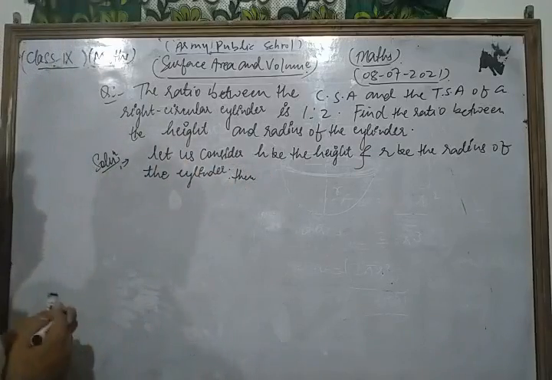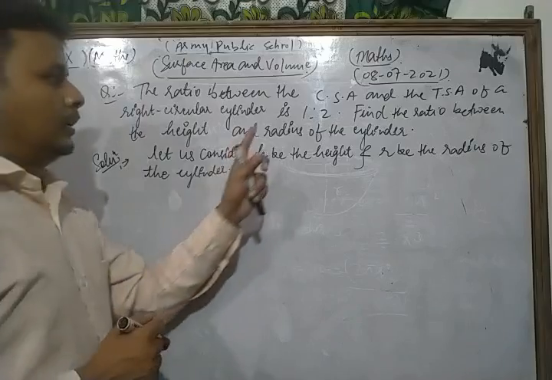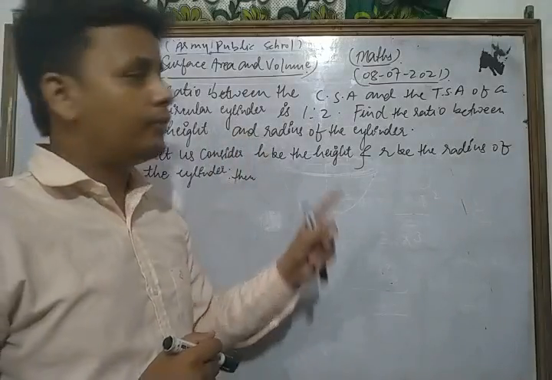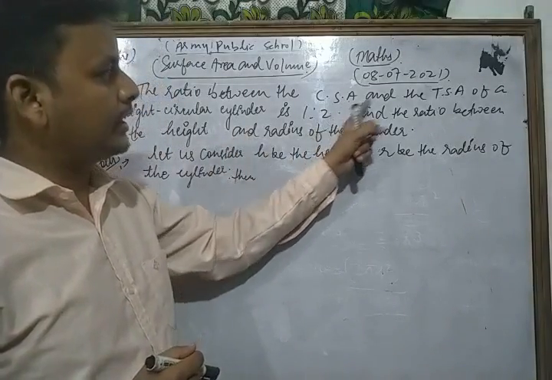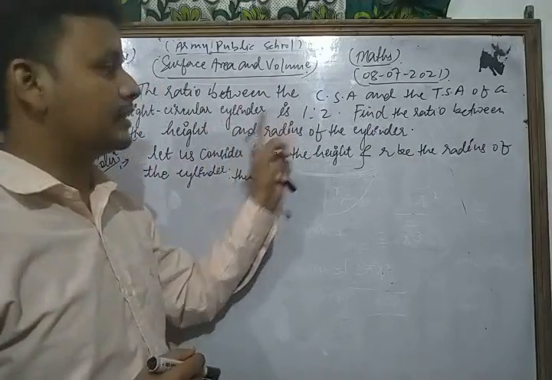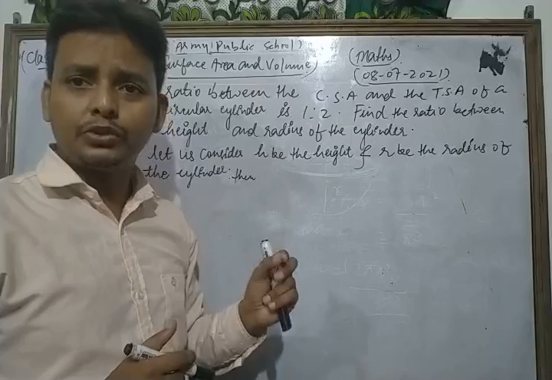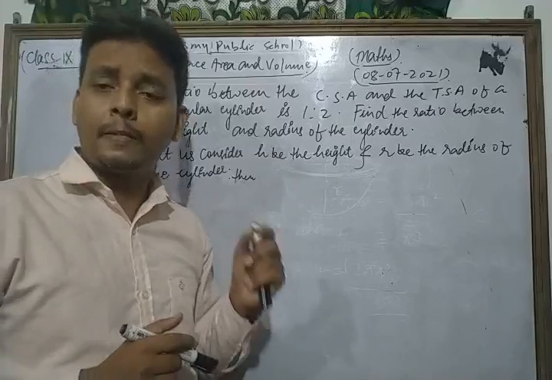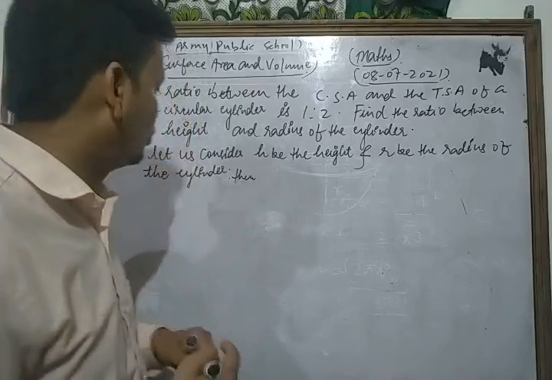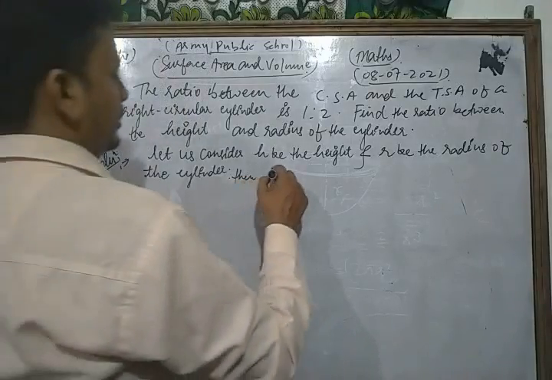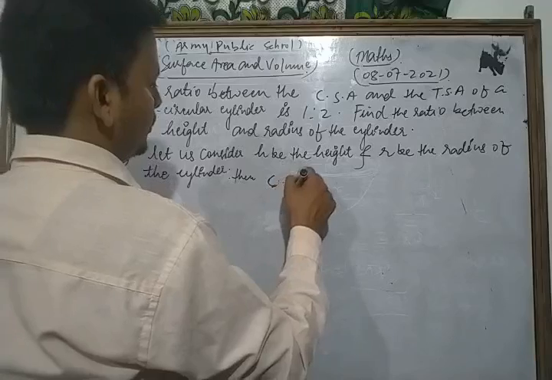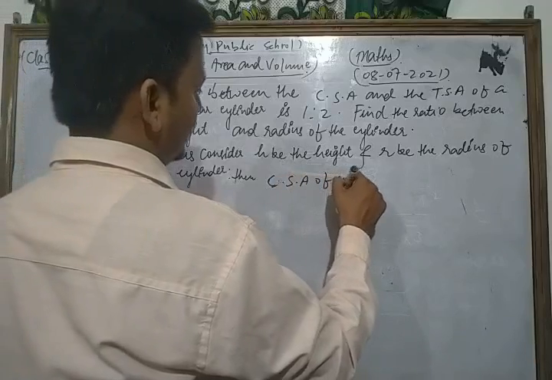Then in that question we have the ratio between the curved surface area and the total surface area of the cylinder. So first of all we have the curved surface area of the cylinder.